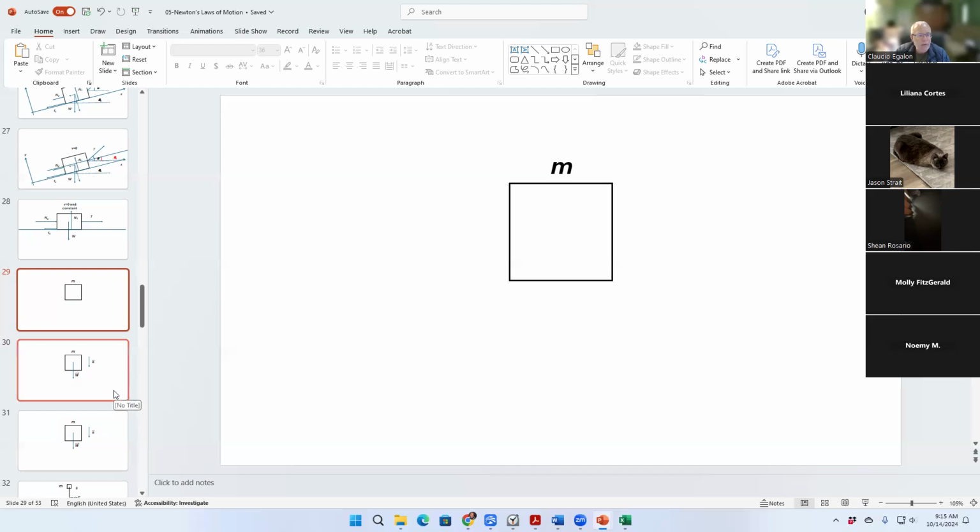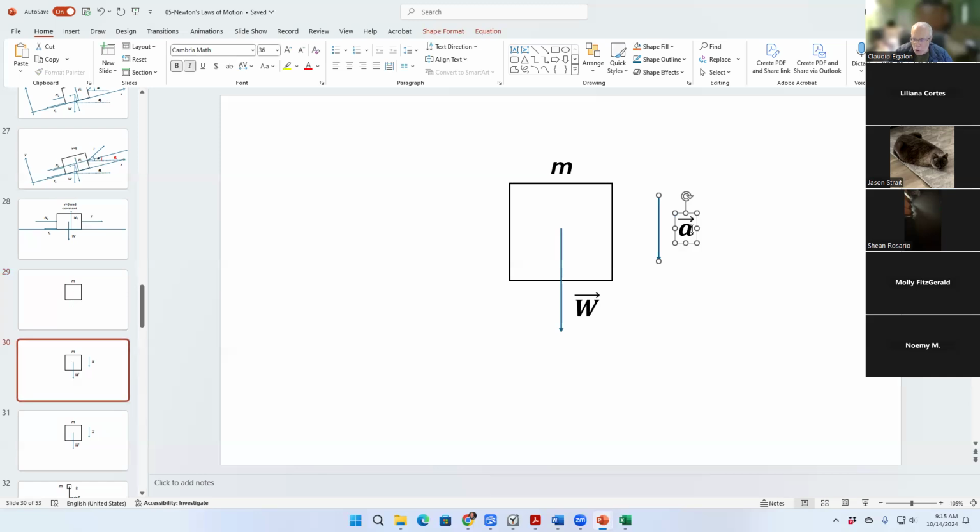In the next step, we draw all the forces that are being applied to the object. This is the simplest type of problem that I'm going to see out there for Newton's second law. Simplest one, because it has just one force. Once you identify the net force, the acceleration must have the same direction as the net force.